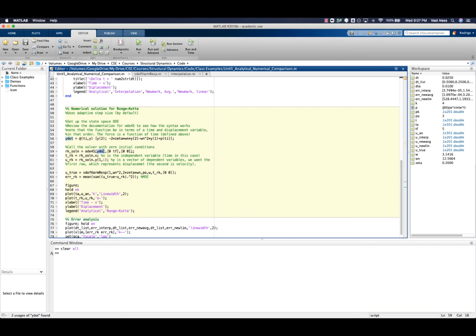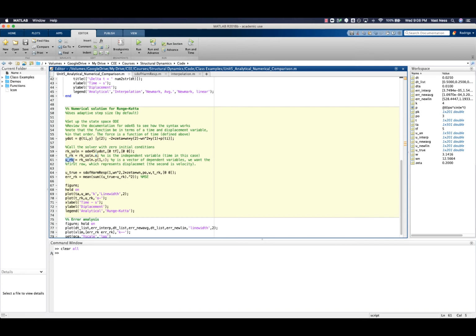So we feed it that function, then we give it a time range and some initial conditions. That's all it needs. And then it returns a structure which we must again break apart to get our time vector. That is the x variable according to the result of the ODE45 function.